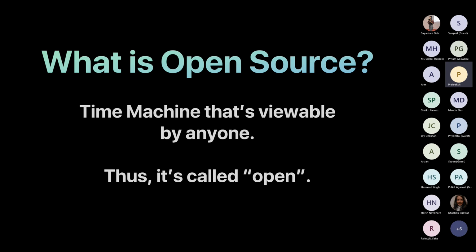The reason is that people cannot see the source code of Windows 11, but people can easily look into the source code of the Linux kernel or a Linux-based operating system, modify it to their own liking, and build another operating system on top. So that is the basic difference between closed source and open source.